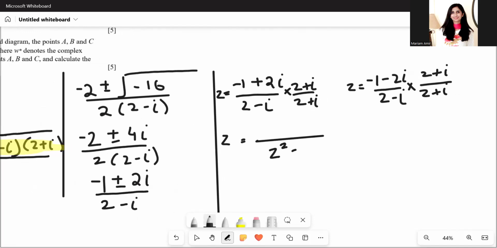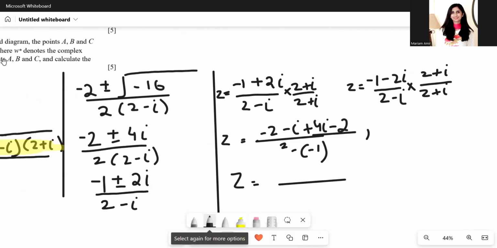The denominator becomes 2 squared minus iota squared, minus minus 1. So minus 2 minus iota plus 4 iota minus 2. And z equals, the denominator becomes 4 plus 1, so that's a 5.